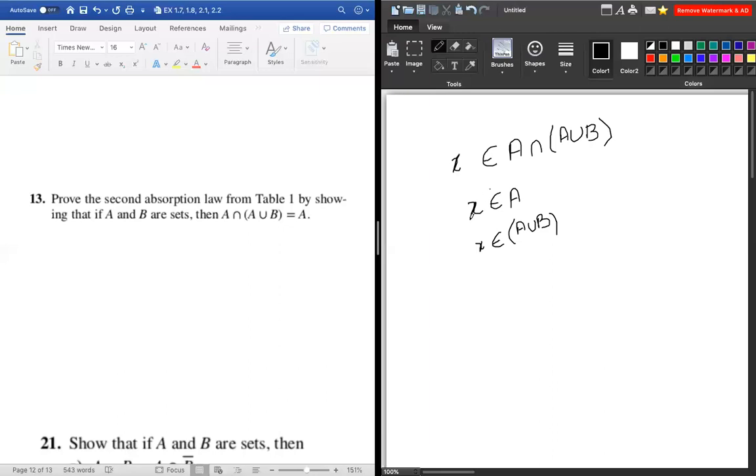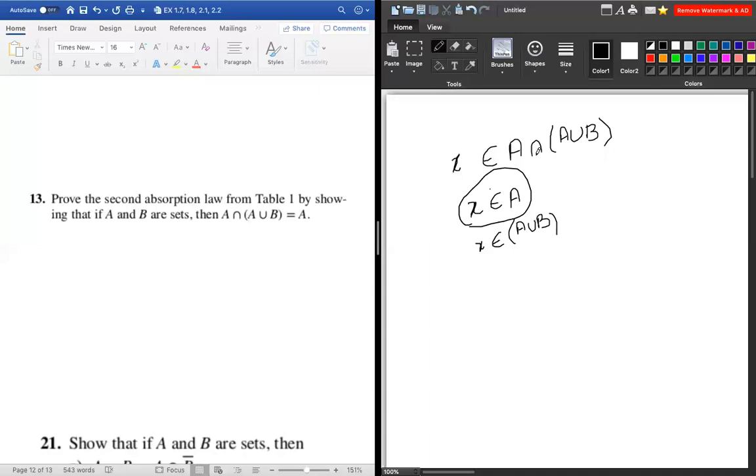And because we know that X belongs to A here, we have basically shown that the left hand side is a subset of the right hand side, right? In other words, X belongs to A, then by the definition of union, X belongs to A union B as well.